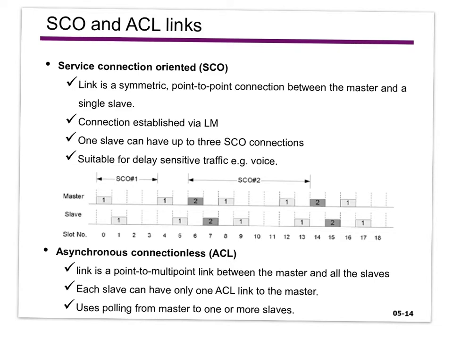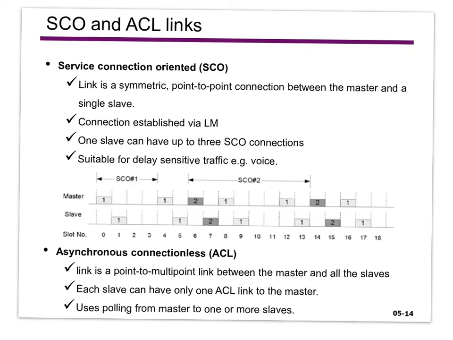Okay, so as we said, one slave can have up to 3 concurrent SCO connections and 1 ACL link. So the master itself can have 3 SCO and up to 1 ACL link per slave.